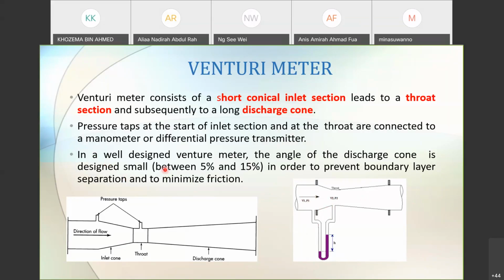In a well-designed venturi meter, the angle of the discharge cone is designed small, between 5 to 15 degrees, in order to prevent boundary layer separation and to minimize friction. So the angle here will be around 5 to 15 degrees only.